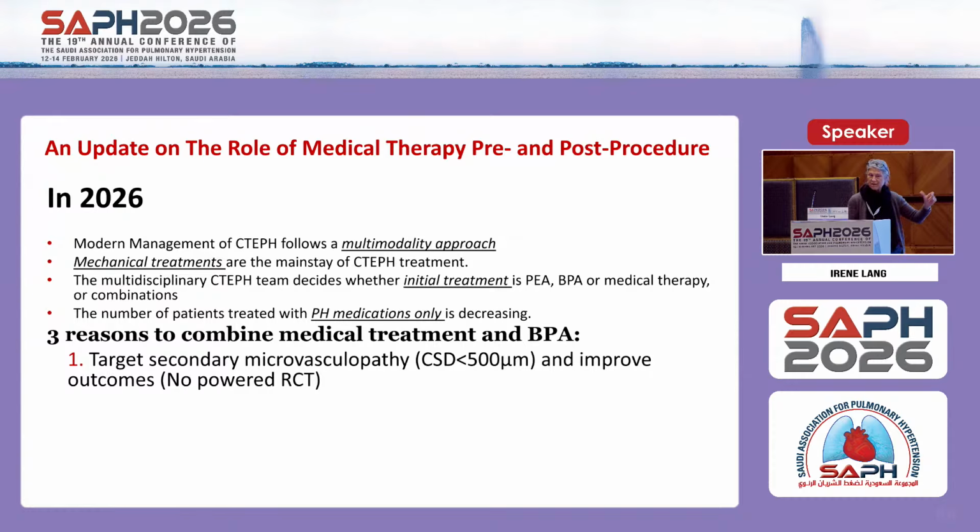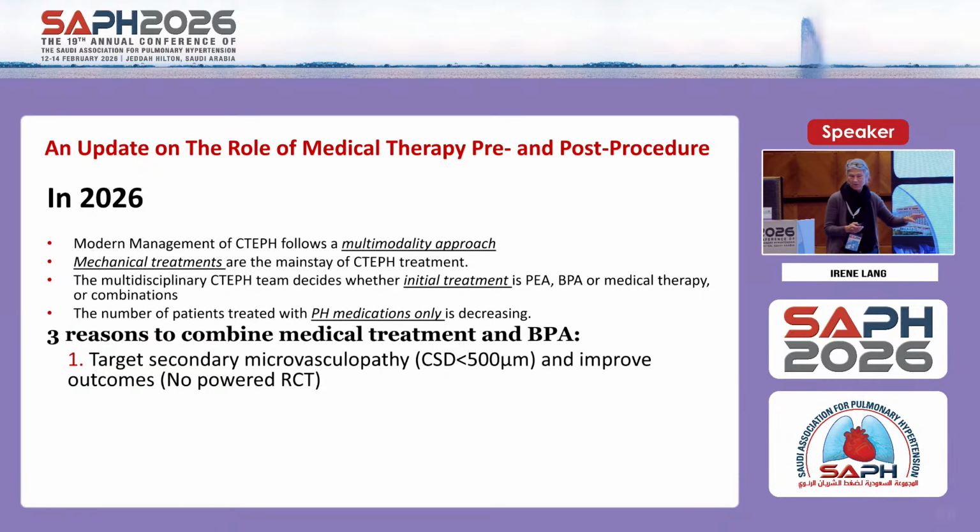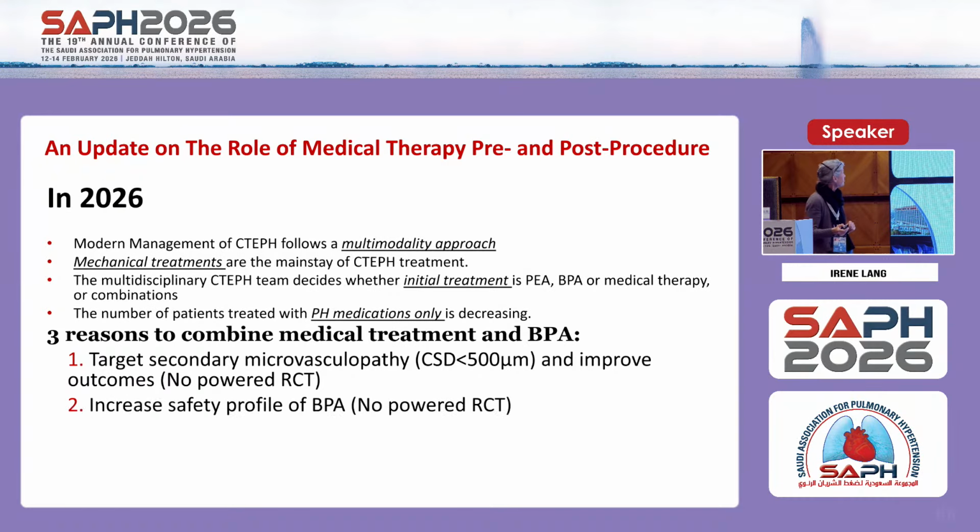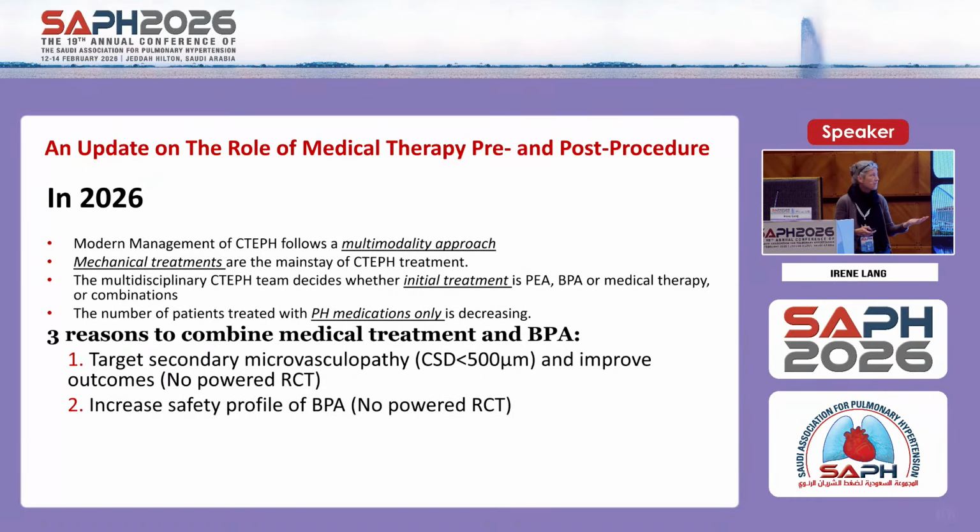There's 2 ways, the upstream resistance hemodynamic curves that I showed you, and there is a recent imaging strategy to see microvascular disease published by Professor Rémy Jardin, where she looks at ground glass opacity lesions in the pulmonary parenchyma and predicts secondary pulmonary vascular disease with a cross-sectional diameter less than 500 microns, so not dilatable with any balloon. The second reason is to increase the safety profile.